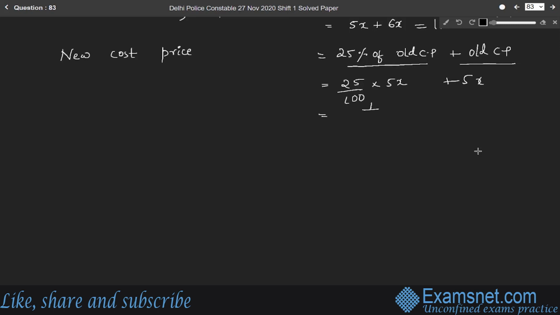Instead, we can write directly 5 by 4x plus 5x. So the new cost price is 25x by 4.